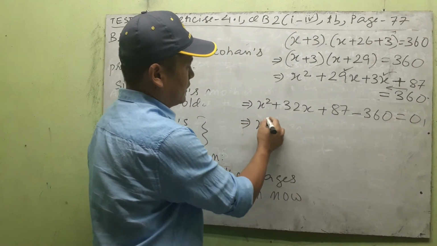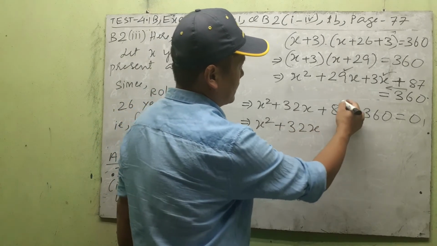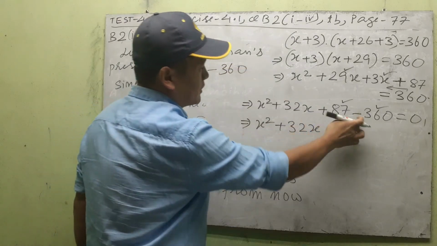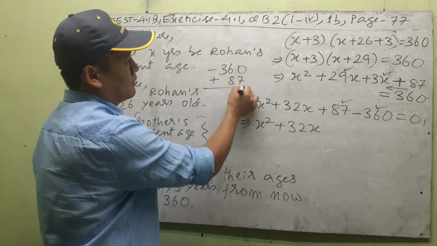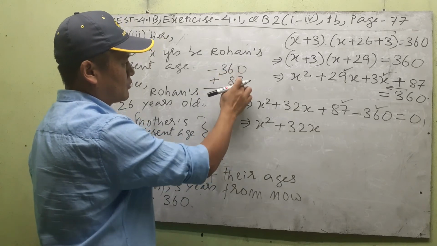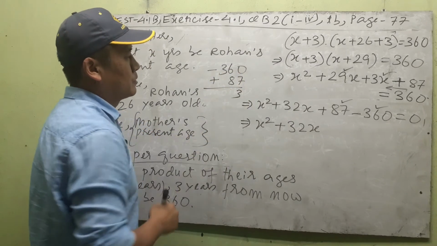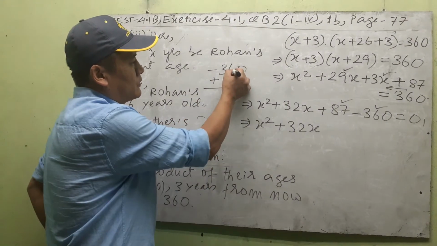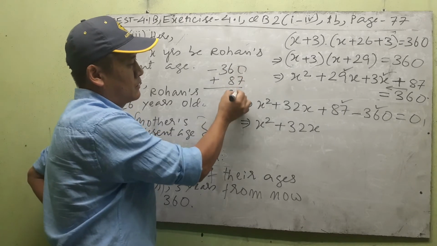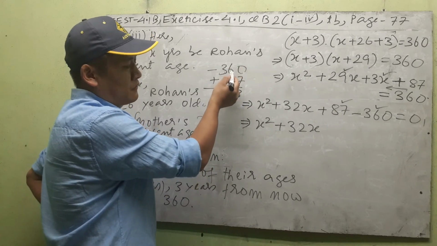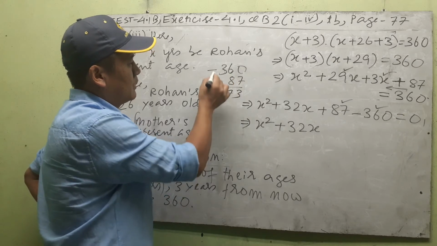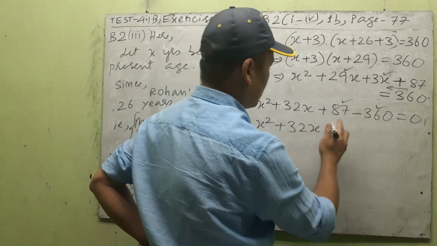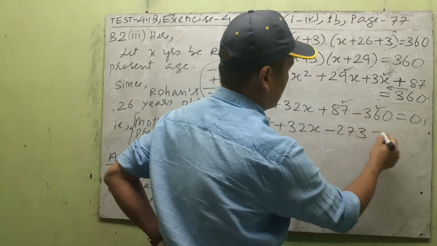So the final format, x squared plus 32x, and these two we can deal with. Bigger absolute value minus smaller one, so subtract: 87 minus 360 is minus 273, equal to 0.